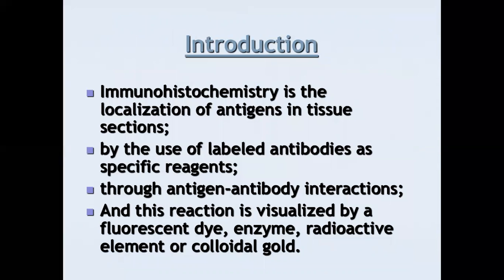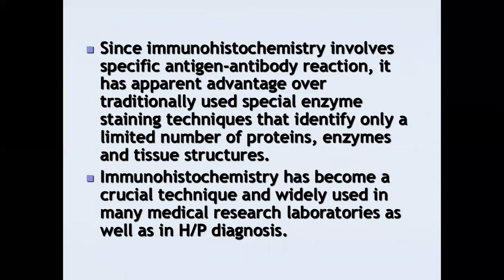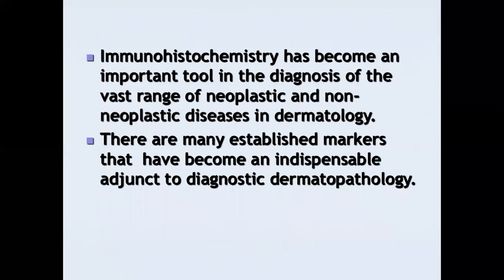Then the last portion of this talk is to introduce you to immunohistochemistry. Immunohistochemistry is a technique which is used to identify particular antigens in tissue sections, and is done mainly to diagnose various skin malignancies. In this technique, we use an antigen antibody interaction, and by this interaction, we are able to highlight various antigens which are particularly seen in certain skin tumors.